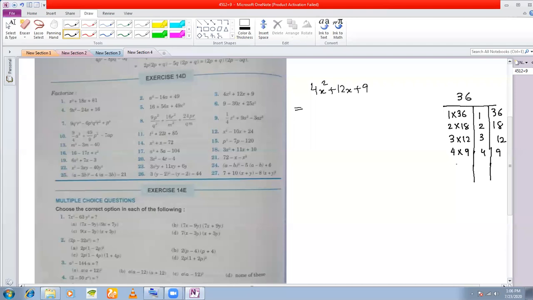What else? Then 6 into 6. Yes, 6 into 6. So this is 4x square plus 6x plus 6x plus 9.